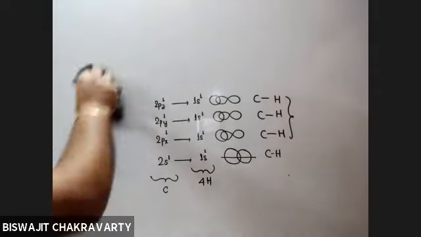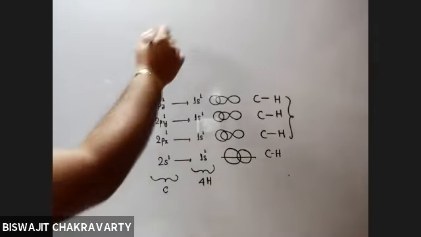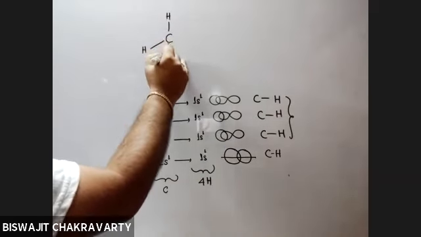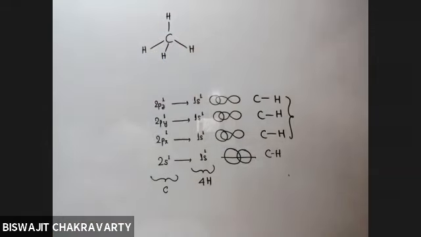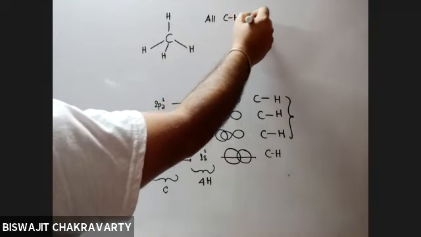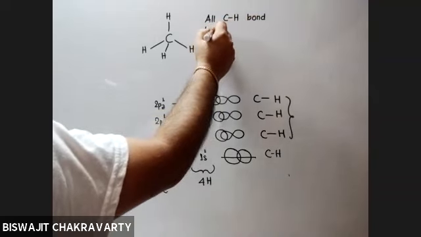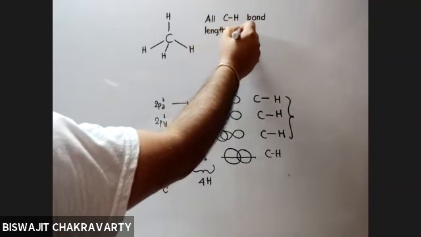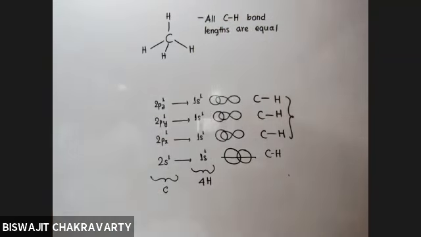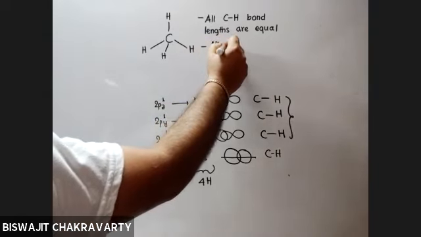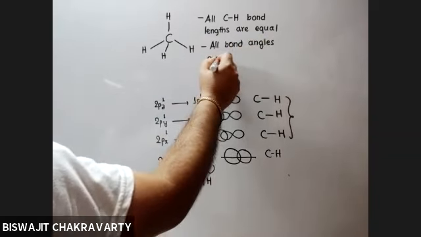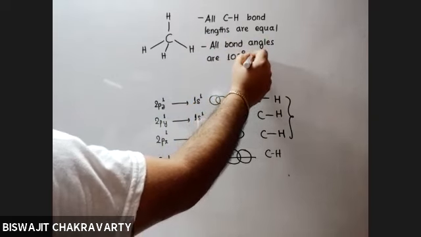So in reality, it has been found out that the shape of methane is tetrahedral. All carbon hydrogen bond lengths are exactly equal. And not only that, the bond angles are also equal, and none of them are 90 degree. 109 degree, 28 minutes.